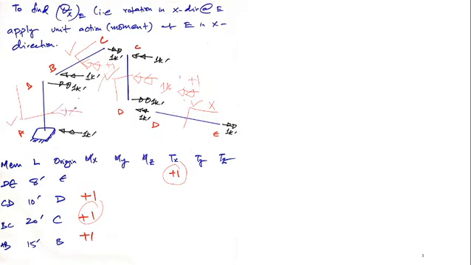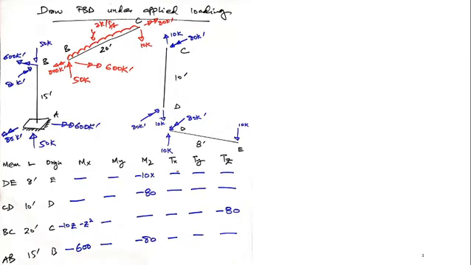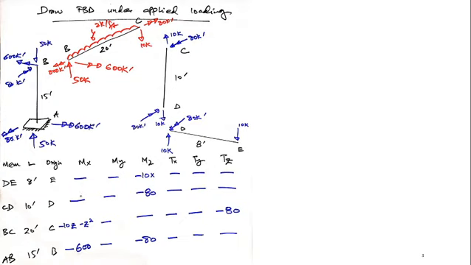So it's very easy. Here I've got Tx in DE. Here I've got nothing, so it would be 0. Okay, in members CD, BC, AB I have all the moments under Mx. So here it would be 0. However, here it would be multiplying with 1, and it would be multiplying with minus. Again, it would be multiplying with 1.